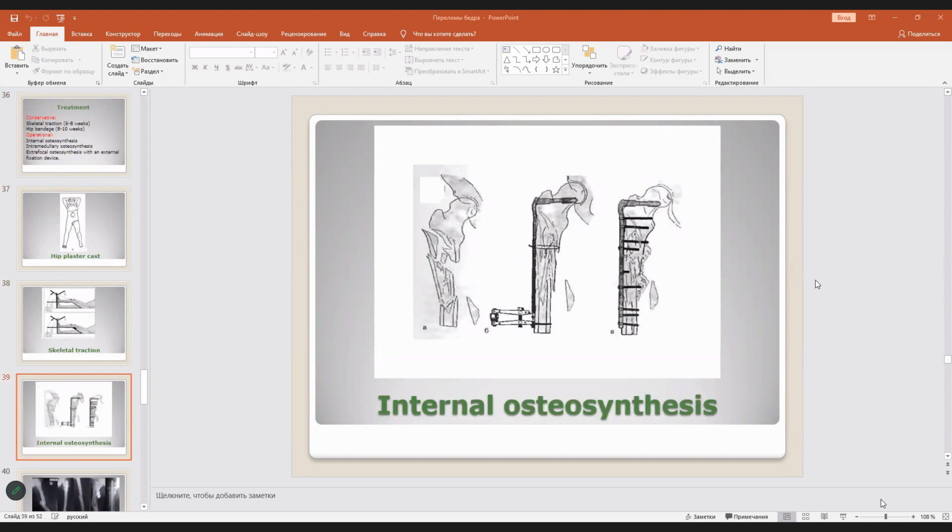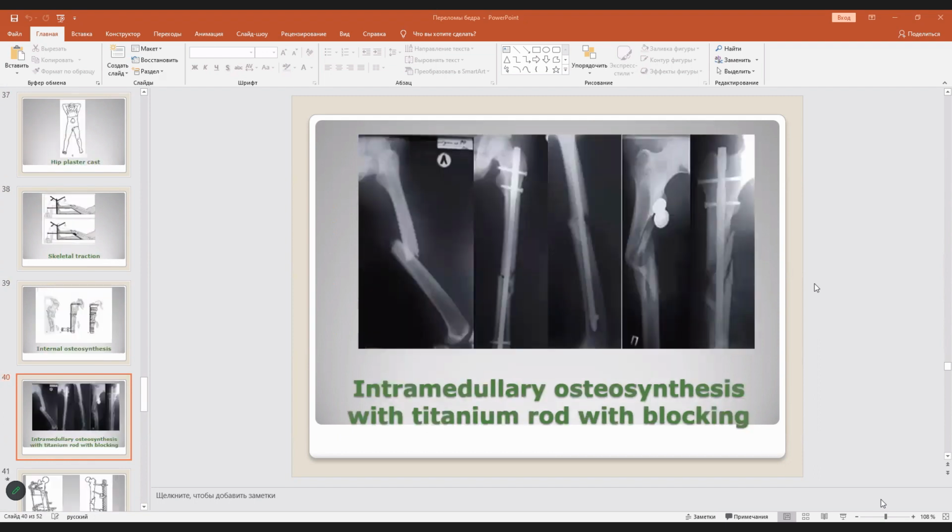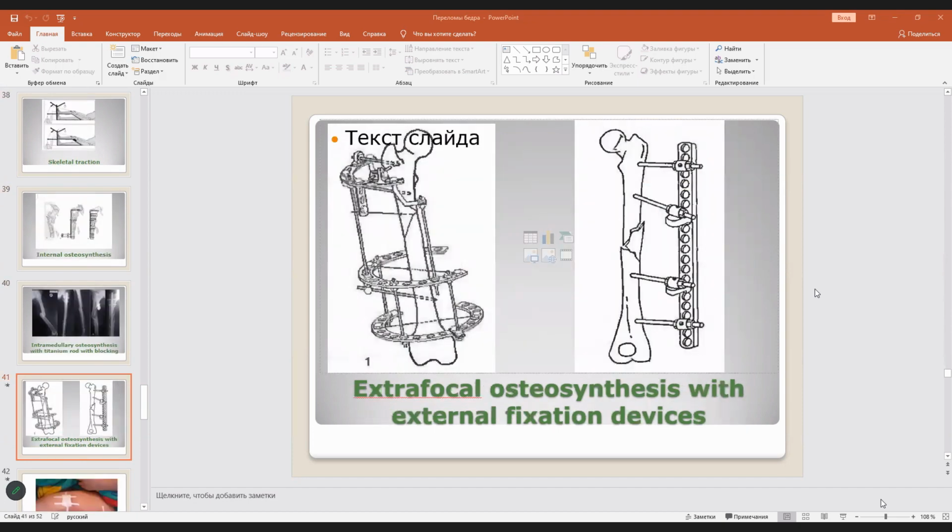Internal osteosynthesis. For example, intramedullary osteosynthesis with a titanium rod with locking. Extrafocal osteosynthesis with external fixation device.